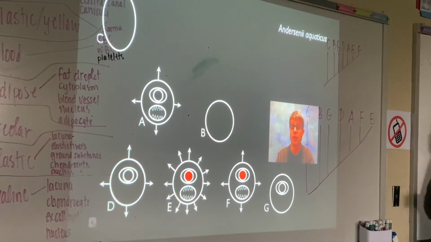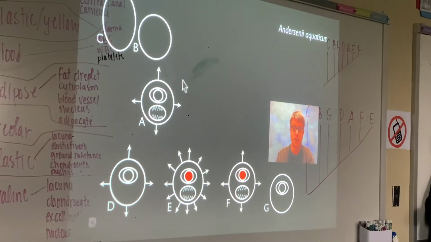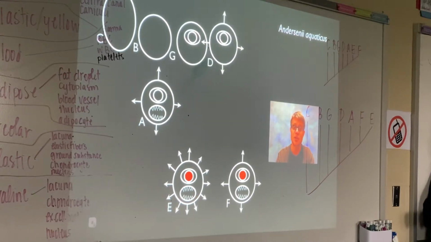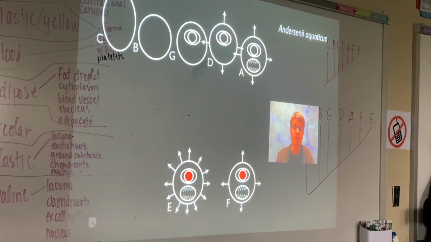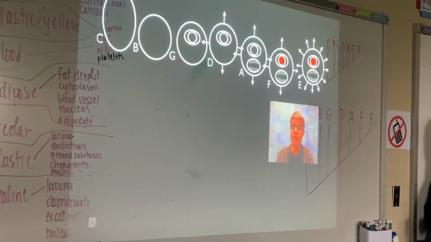The next one that would branch off would be B, because it doesn't have an eye, but we're going to have that in G. So next would be G. Play along with me, what's going to be the next one? That's right, it's going to be D. And then after that, A. And then after that, F. And then finally after that, we have E.